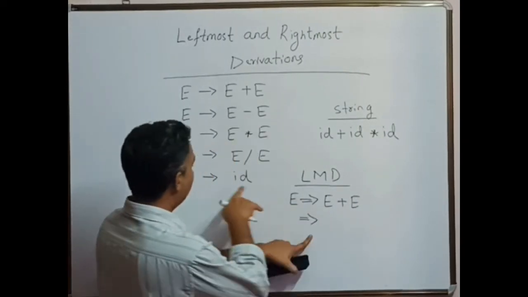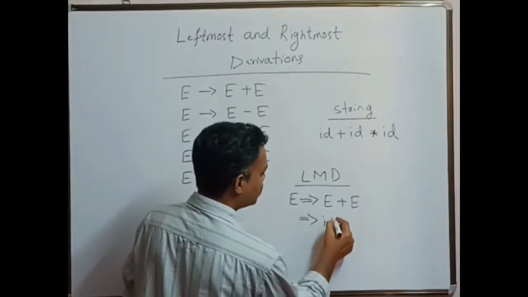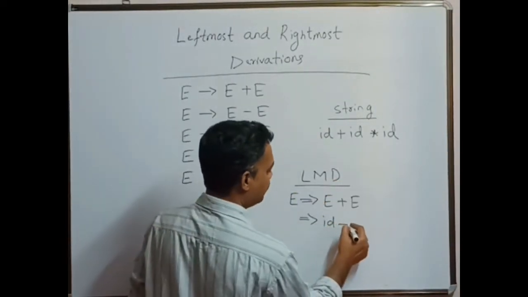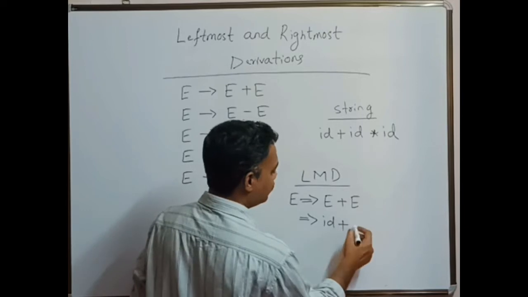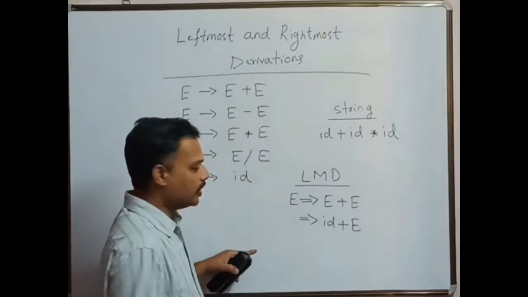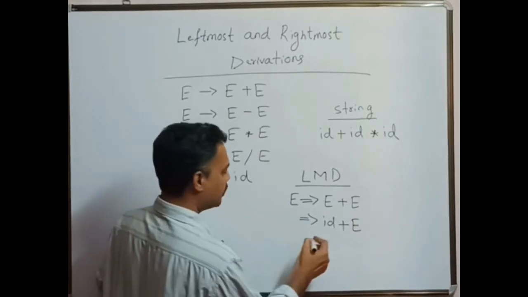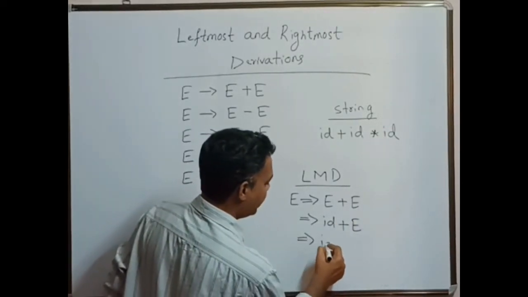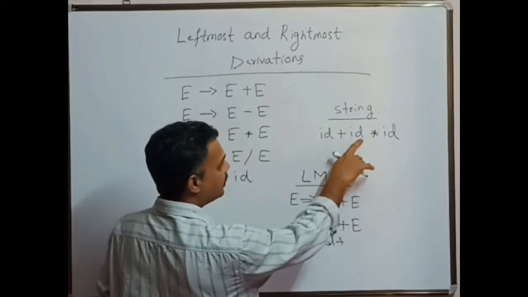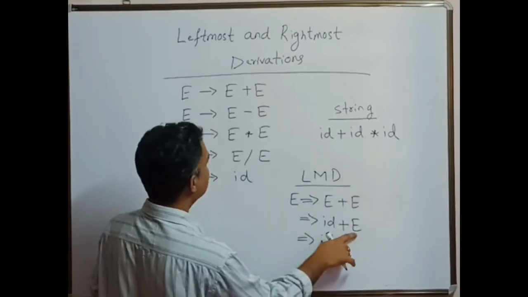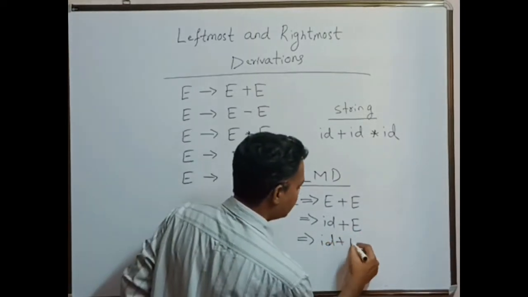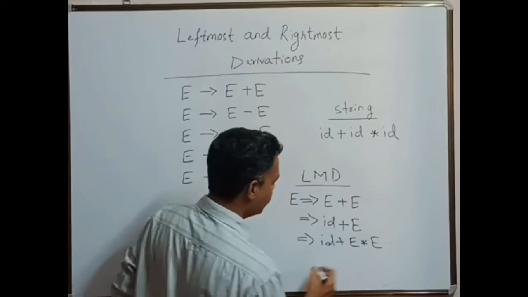E can be replaced by ID because my target string is this ID plus, okay. Then I have one more variable. Now I can replace or extend this by some other production rule. Now it will be ID plus, I need ID star ID, so I can replace this E with E star E, the other rule.